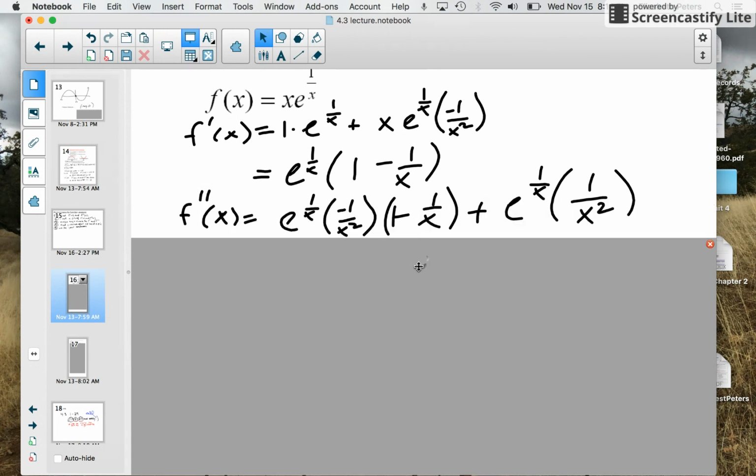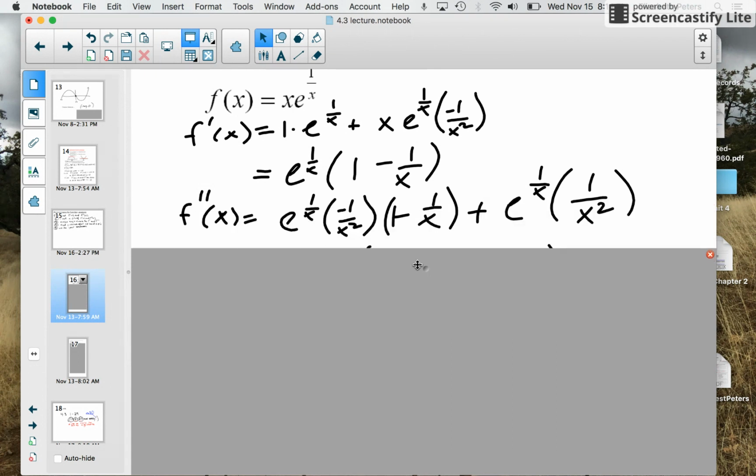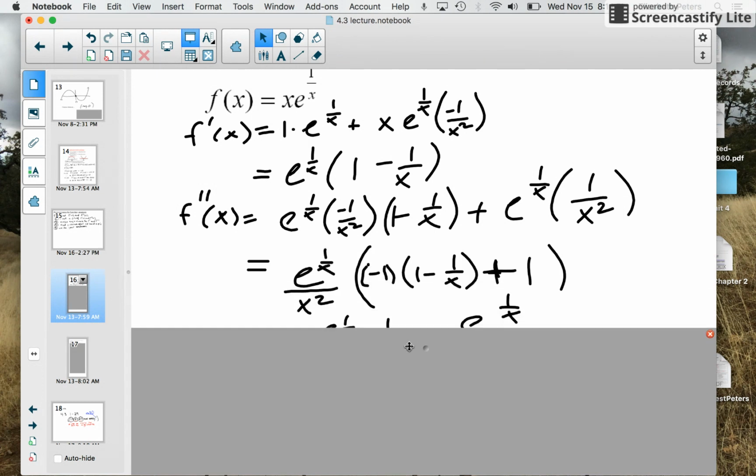Next, we find the derivative of this, again, using the product rule. Okay, and then now we're going to simplify this a little bit. Look at this simplification. We factored out e to the 1 over x and 1 over x squared.